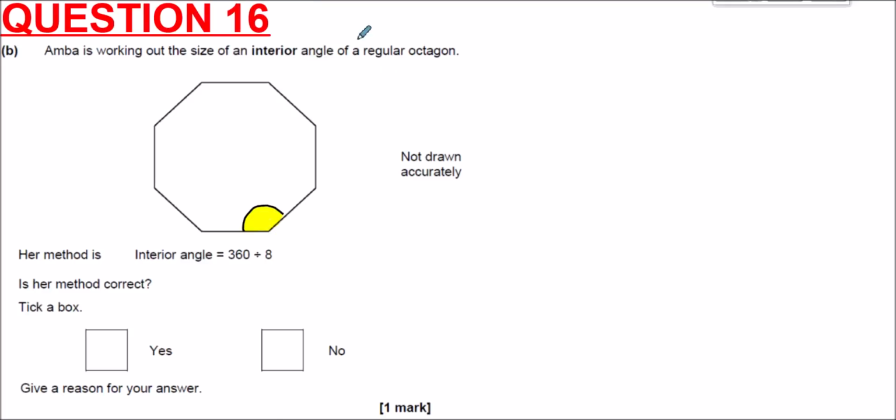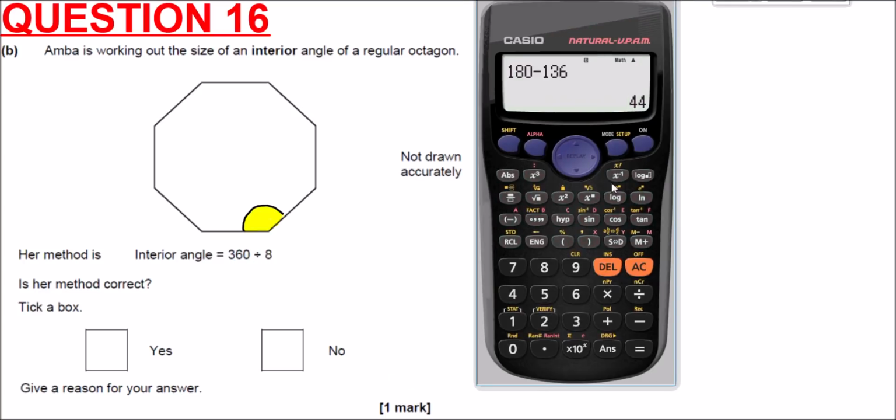Just worth mentioning as well that this diagram, if it says diagram not drawn accurately, that's not the same thing as saying the diagram's drawn terribly. Just because it's not accurate doesn't mean it's going to be completely terrible. And so what we could do is check her method and see if this is approximately right. 360 divided by 8 is 45.